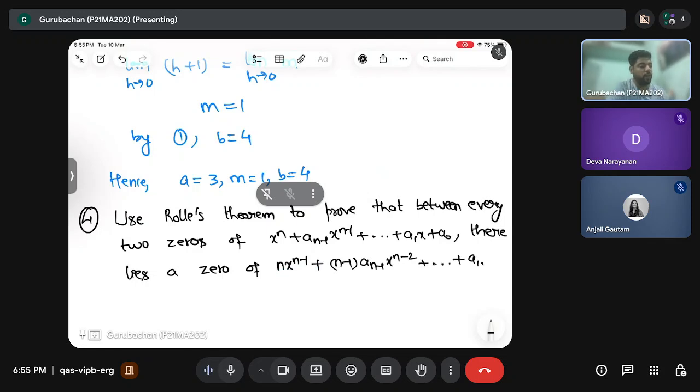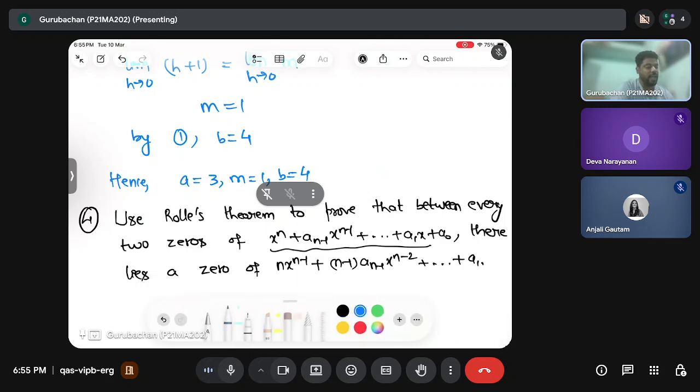So we have been given a polynomial of this kind, and we have been asked to show that between every two zeros of this polynomial there exists a zero of this second polynomial.